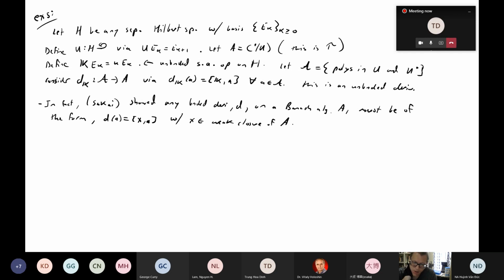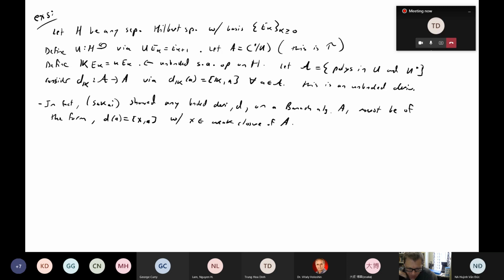In the case of this C-star algebra that's generated by the unilateral shift, it's actually the essential commutant, which is not a very well understood space. But what it really says is that any bounded derivation has to be a commutator.